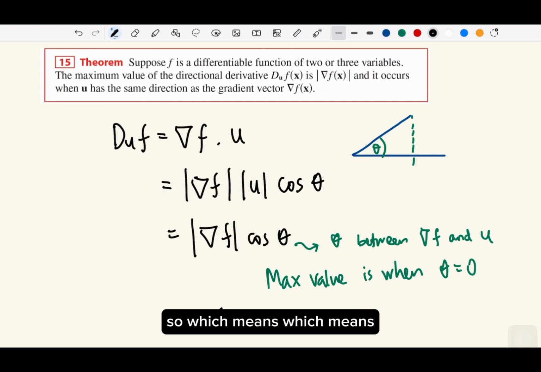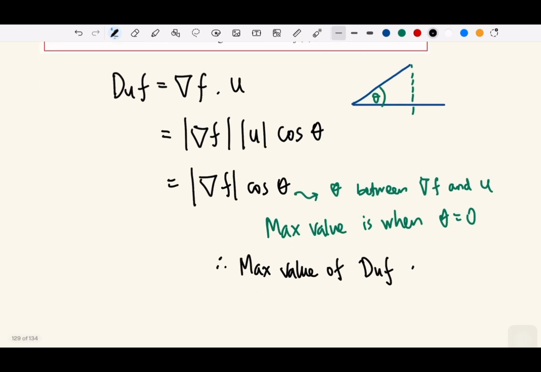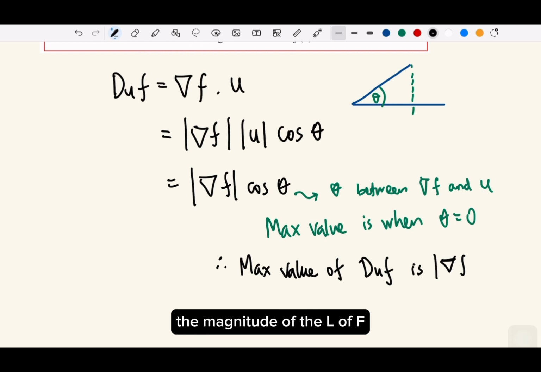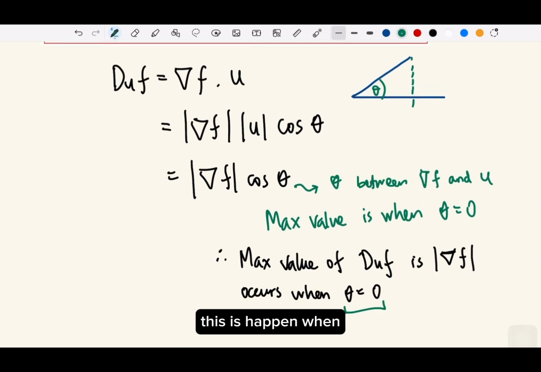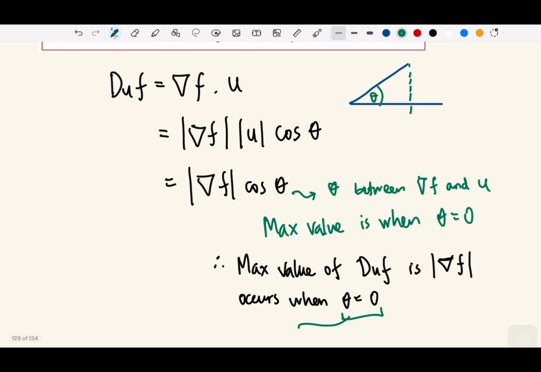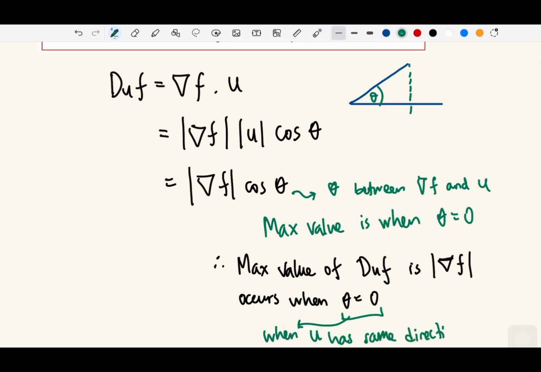Which means the maximum value of the directional derivative is the magnitude of del f, and it occurs when theta equals 0, or in other words, when u has the same direction as del f.